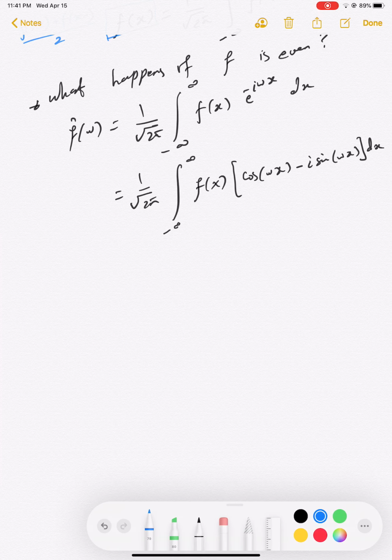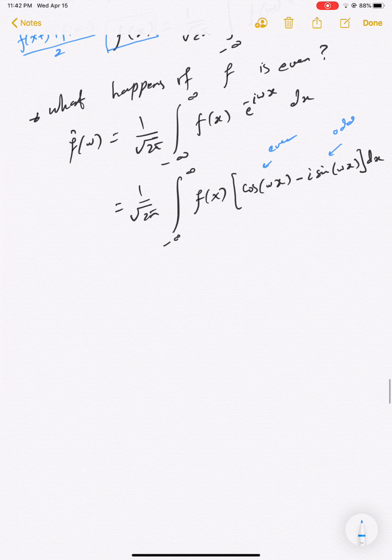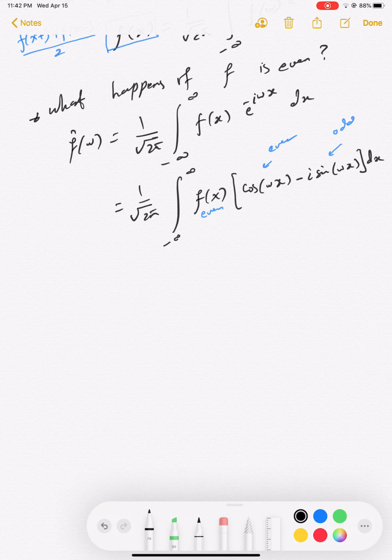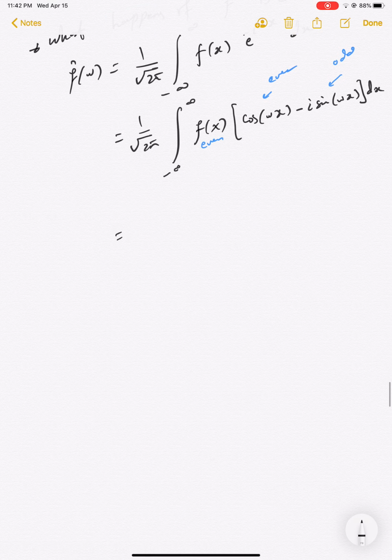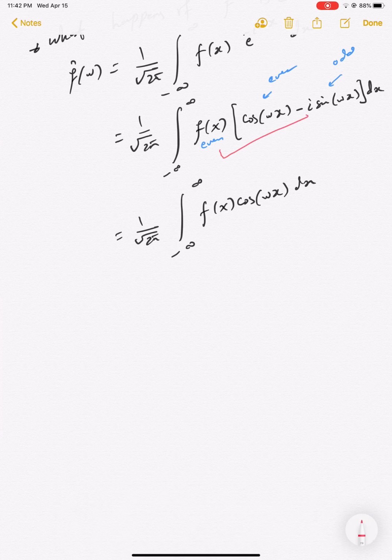And now recalling that the sine is odd and the cosine is even. In my assumption, if this f was even, when you expand the brackets, what you will have is 1 over root 2 pi integral from negative infinity to infinity of f of x, which is even, times the cosine, which is even. But then when you multiply the f with the sine, the function is even, the sine is odd.